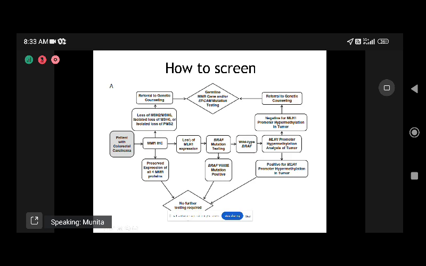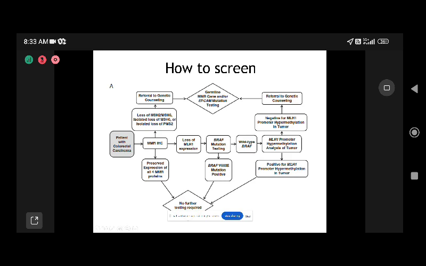But if there is only loss of MLH1, then BRAF testing has to be done, because most of the sporadic causes of MSI high are because of BRAF mutations. BRAF mutations lead to a progressive hypermethylation of the promoters of the MLH1 gene and its silencing. So in all cases where you have MLH1 loss, BRAF mutation testing should be done, because if it is BRAF mutated, then it is a sporadic MSI high colorectal cancer and not Lynch syndrome.